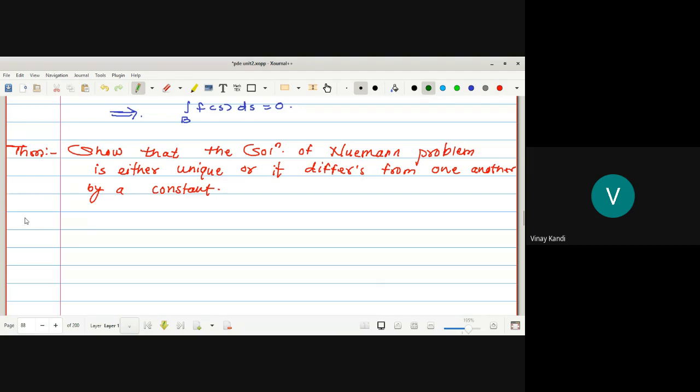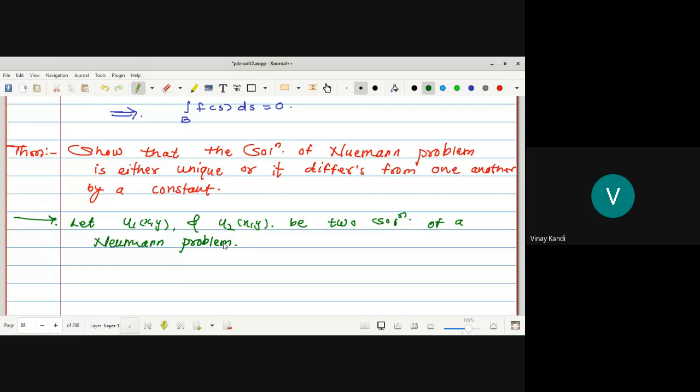Okay, let u1 be a function of x, y and u2 be a function of x, y, two solutions of a Newman problem. What is the meaning of that one?